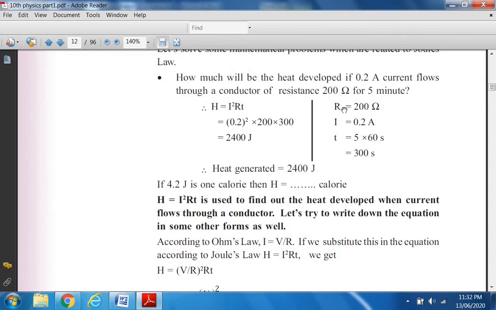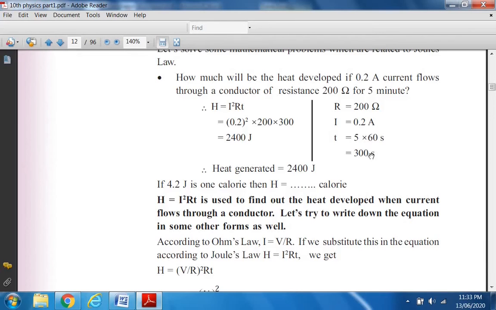Okay, then here we have R is equal to 200 ohm, I is equal to 0.2 ampere. R is the resistance in ohm, I is the current, the unit is ampere. But the SI unit of time is second, so minute should be converted into second. For that 5 minutes is 5 into 60 seconds, so 300 seconds.